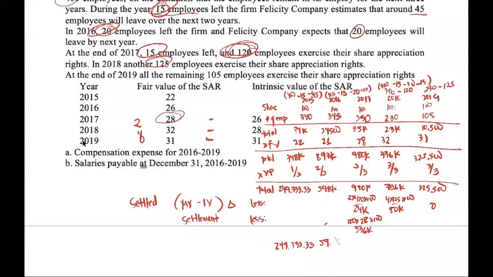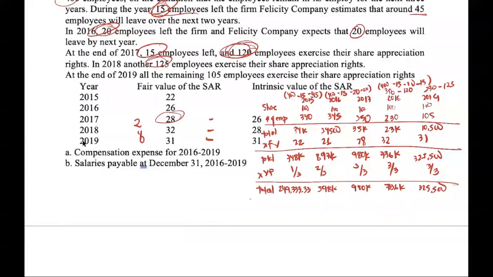Mamaya na. Dito muna tayo sa compensation para hindi kayo malito. We first compute for your compensation expense. So our compensation expense for 2015 until 2019, we have 249,333. Yun na lang muna computein natin, yung ating compensation expense.